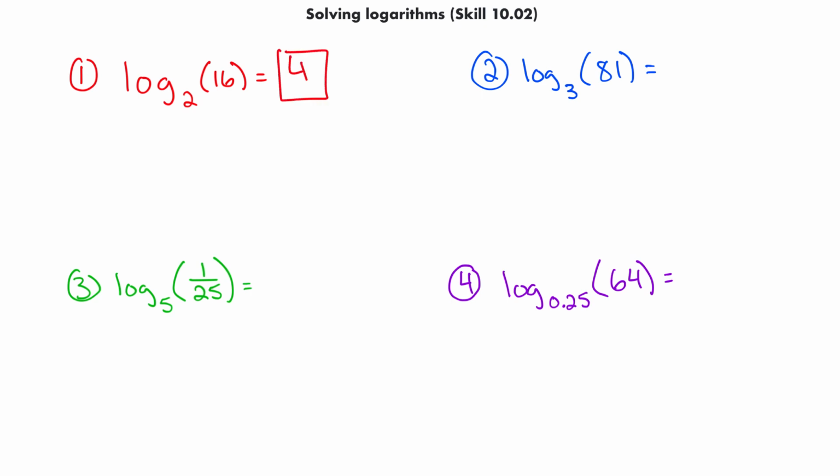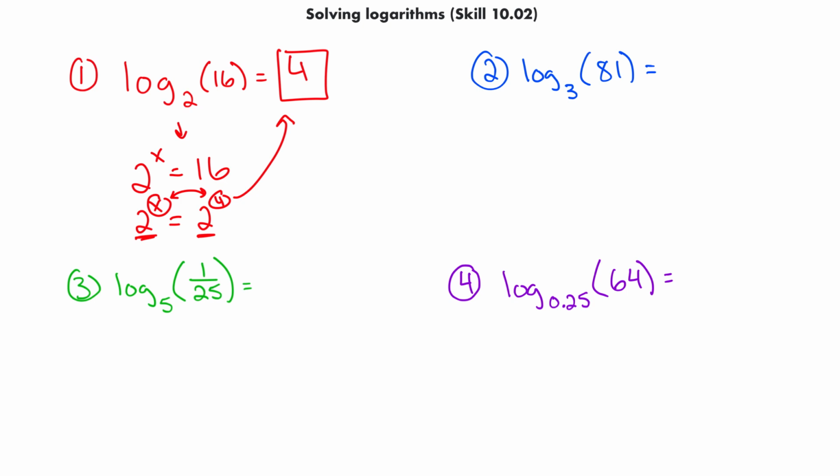And if you didn't believe me, pretend it's equal to x. You could have rewritten this as 2 to the x power equals 16. And then that 16 could be rewritten as 2 to the fourth power. Well, if the bases are the same, then the exponents must also be the same, which is why the answer is 4.